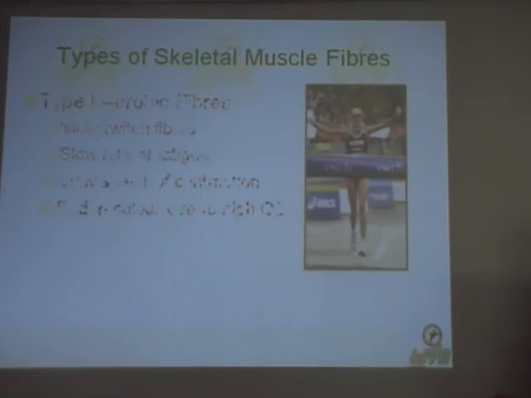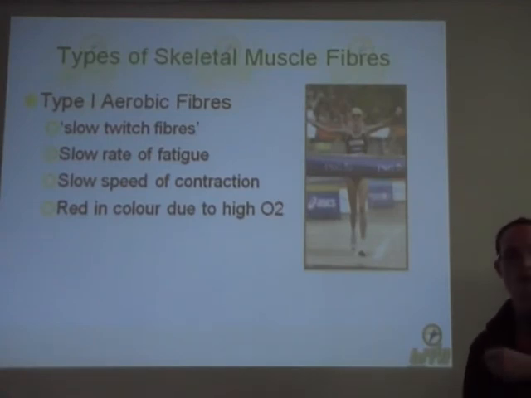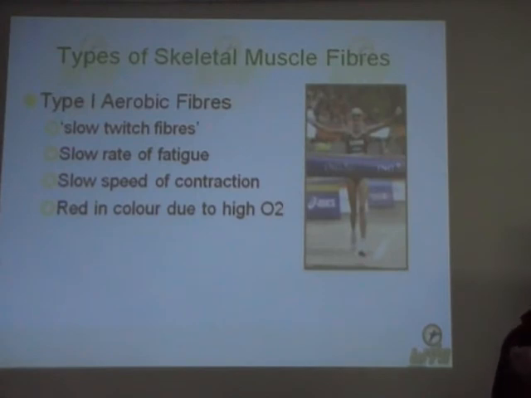Paula Radcliffe has trained these fibres to aerobically produce ATP, which means her mitochondrial, aka cooking pot, number and density will go up along with size. So if you've got larger cooking pots with more of them, you are able to cook up more ATP aerobically.